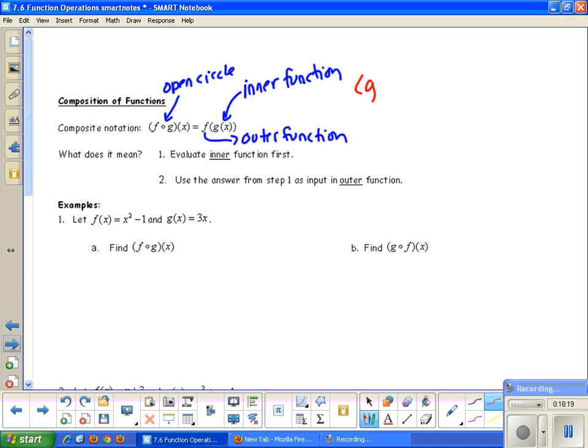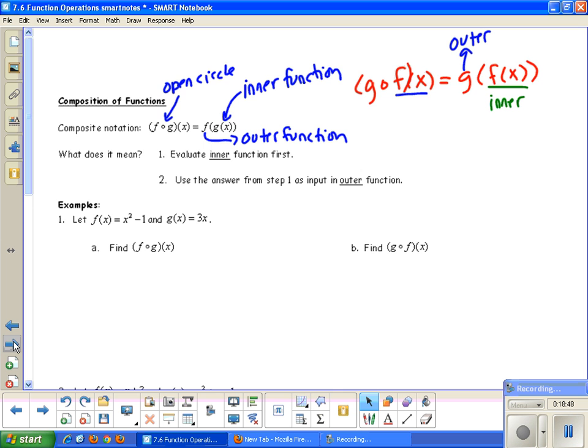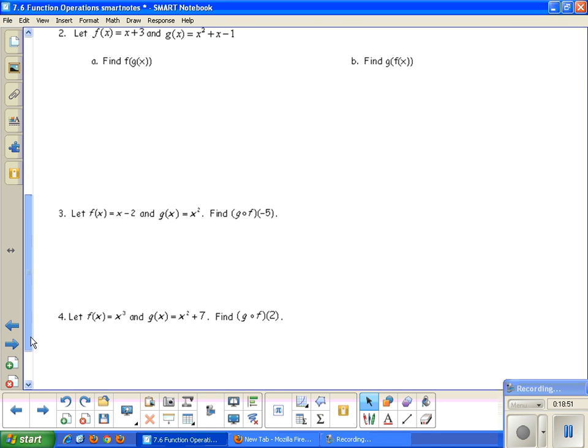What if I instead did g circle f, or g of f of x, which can also be written like this, g parenthesis f parenthesis x, g of f of x. So notice that for this one, f of x is my inner function, and g is my outer function. So again, f of x would be the inner, g would be the outer. So let's go ahead and do some examples with numbers first, and then we'll get to plugging one function into another function.